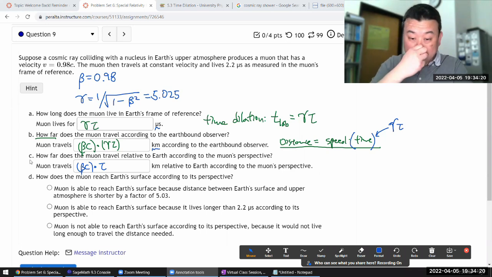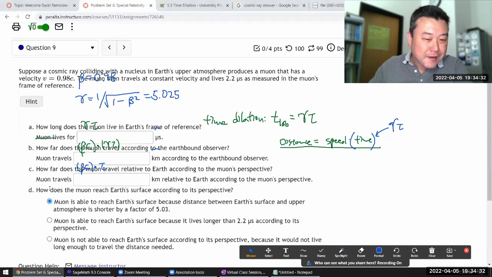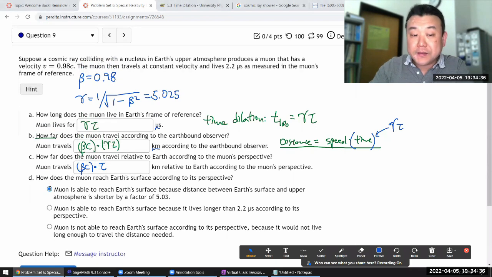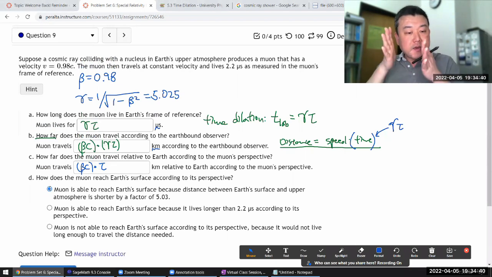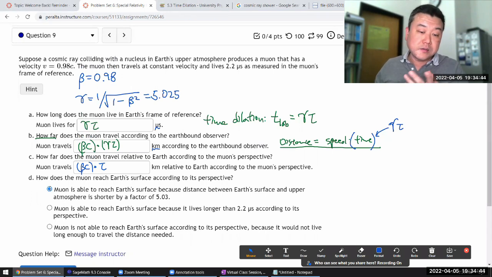It's because the distance between Earth's surface and the upper atmosphere is shorter, length contracted by this factor gamma. So because that distance is length contracted, in the shorter amount of time in the muon's reference frame, it still travels between the same two points.